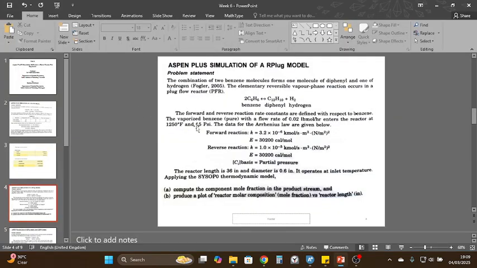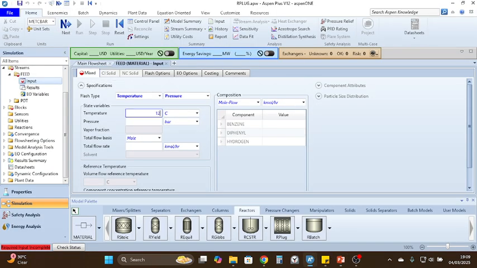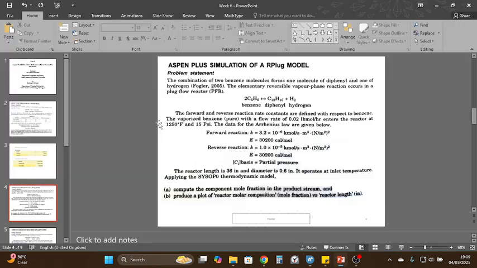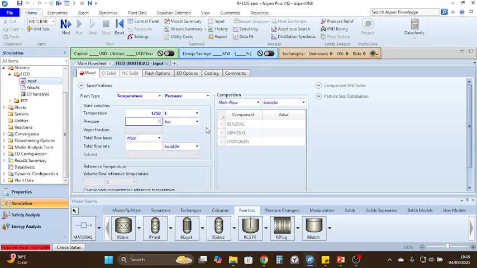So what is being said is that the flow rate is 0.02 pound mole per hour and enters the reactor at 1250 degree Fahrenheit at 15 psi pressure. So this is 1250 Fahrenheit and the pressure is 15 psi.